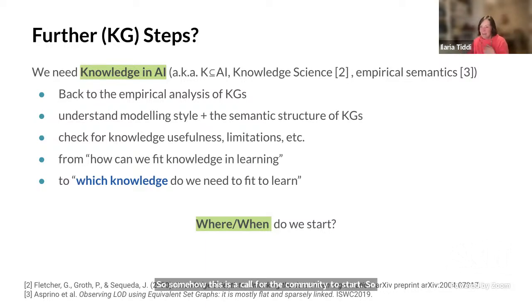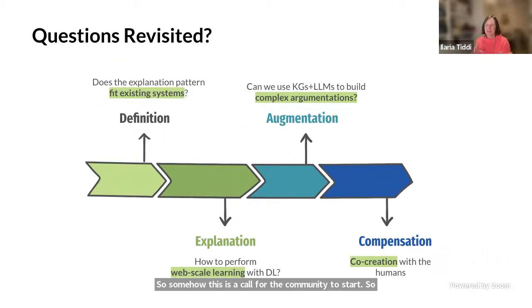And I have tried to revisit a bit the research questions that I had in the beginning, thinking, okay, based on this idea of knowledge in AI, then maybe we need to try to fit the explanation pattern into the existing systems. We need to try to come up with explanations using deep learning and at a web scale.